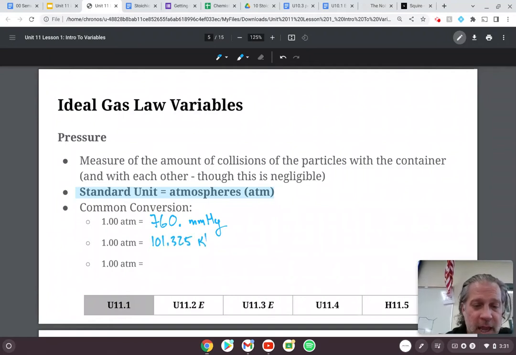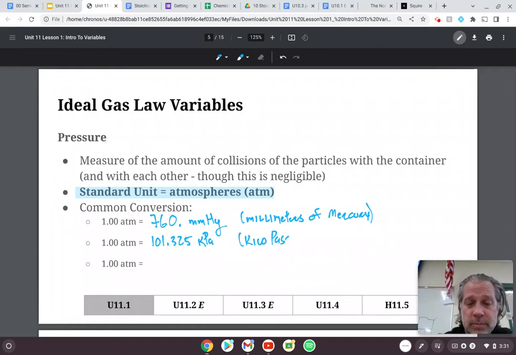Another one is 101.325 kPa, and that is, so mmHg is millimeters of mercury. kPa is something called the kilopascal. I think I spelled that wrong.